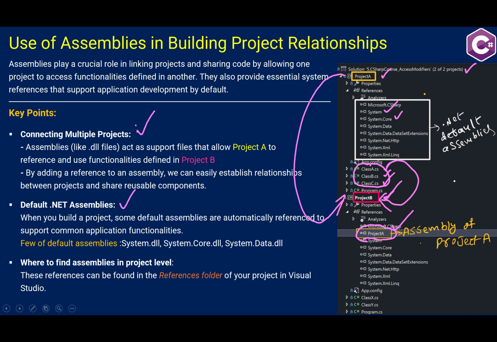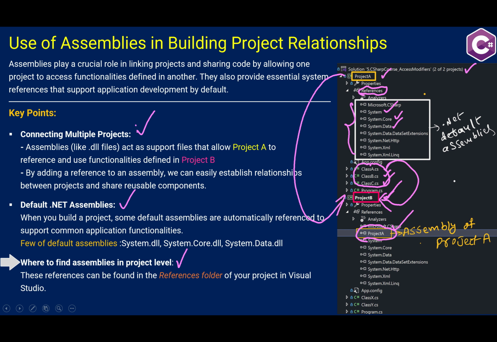Automatically, these files will be generated by the compiler. These references, I mean system.core, system.data, these assemblies, we can find in the project's references folder. So here we can get the information about the default assemblies of the project.